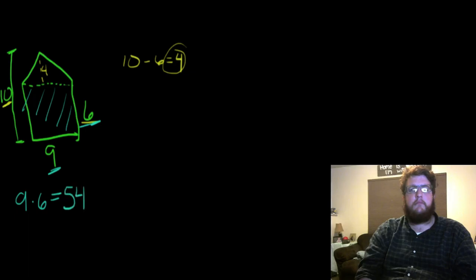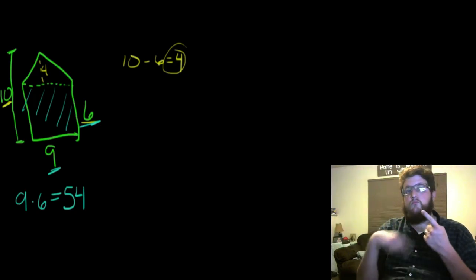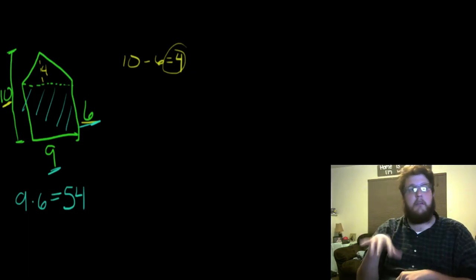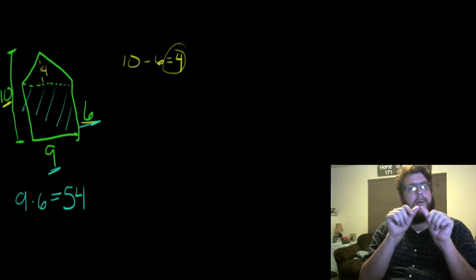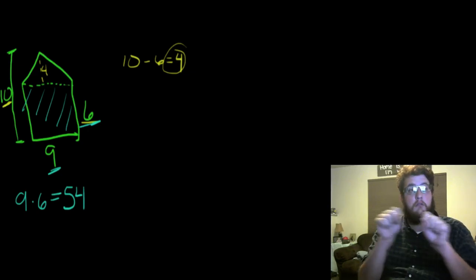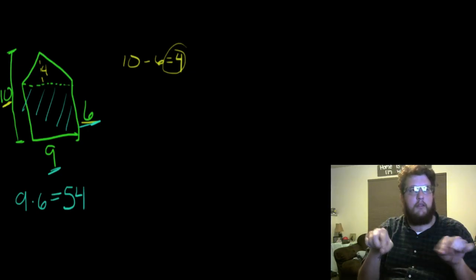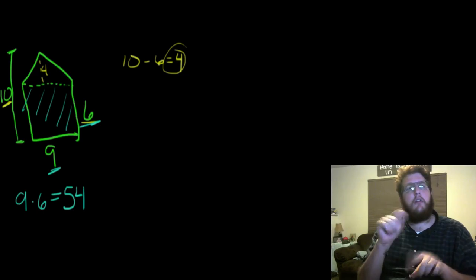And 9 times 6 is going to be 54. Once I've done that, I need to then find the area of the triangle, because we've only found the area of half the house. We still have to find the area of the triangle.